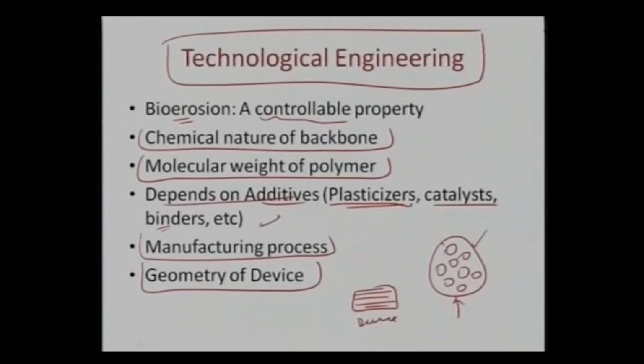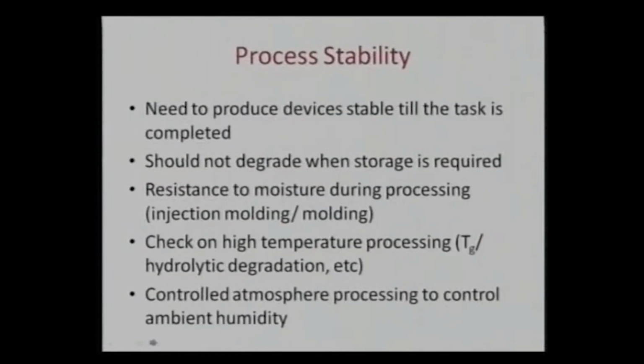But again we have certain limitations, like something called process stability, that we need the device to be stable enough for a much longer time till it has completed its task. If the device starts degrading at a much faster rate than predicted, then it has not served its purpose.